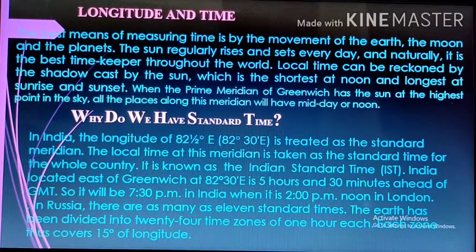The local time at this meridian is taken as the standard time for the whole country. It is known as the Indian Standard Time. India, located east of Greenwich at 82 degrees 30 minutes east, is 5 hours and 30 minutes ahead of Greenwich Mean Time. So it will be 7:30 p.m. in India when it is 2 p.m. noon in London.